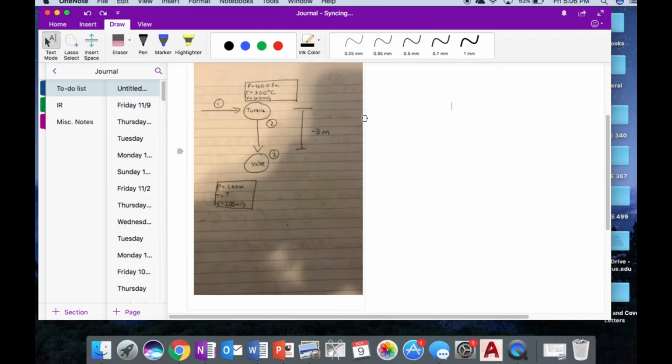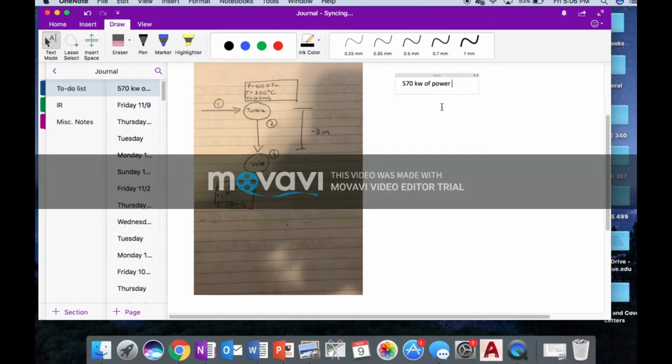So I'd first like to outline that the turbine generates 570 kilowatts of power. And then the heat loss is 135 kilojoules per minute.